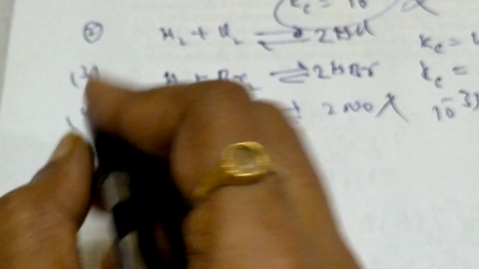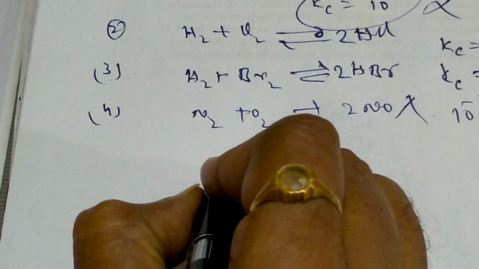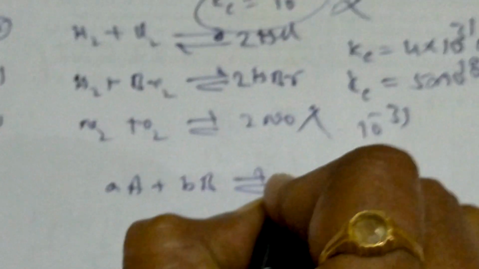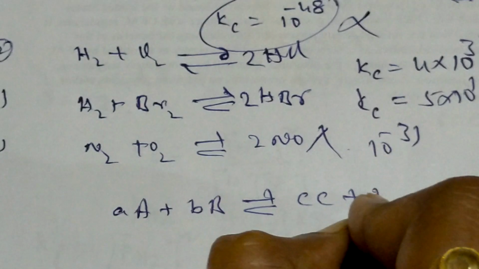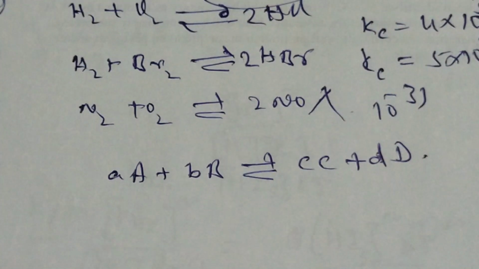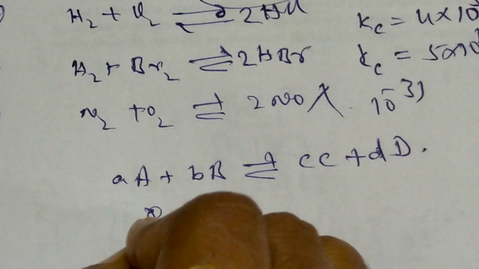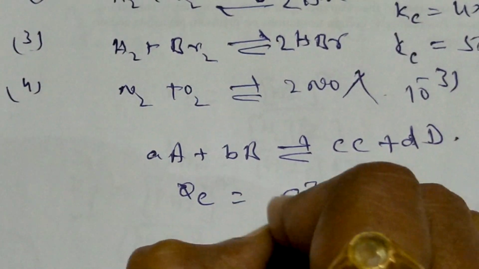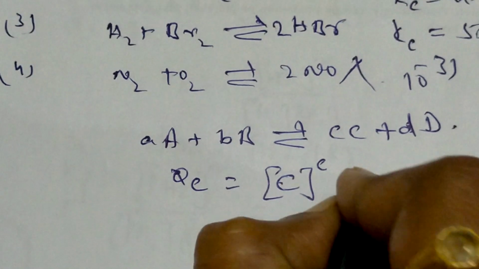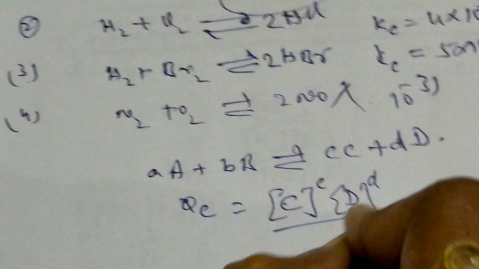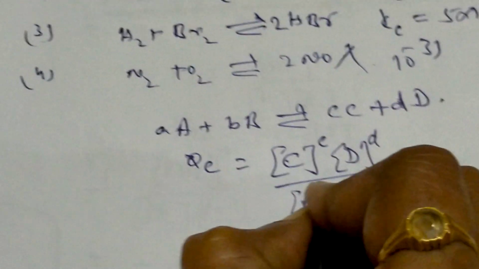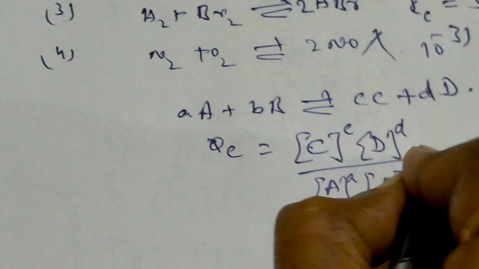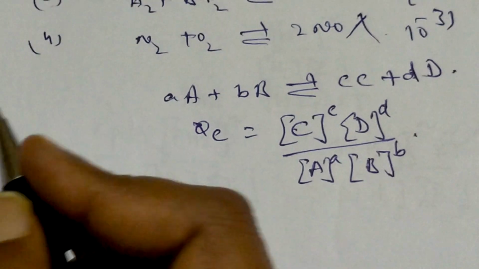The reaction quotient is nothing but, if you see the general reaction, aA plus bB in equilibrium with cC plus dD, what is the Qc? Qc is given by C to the power c, D to the power d, by A to the power a, B to the power b.